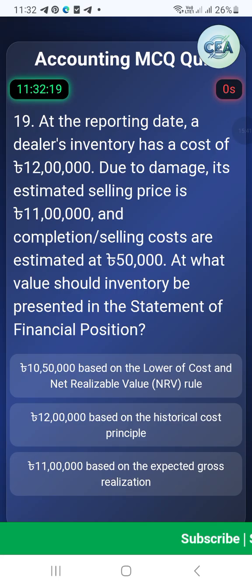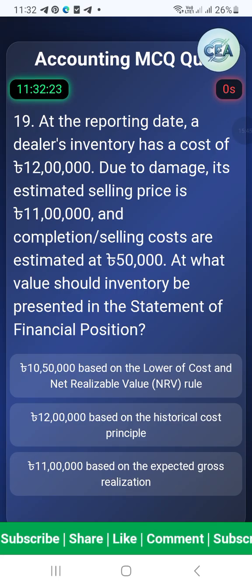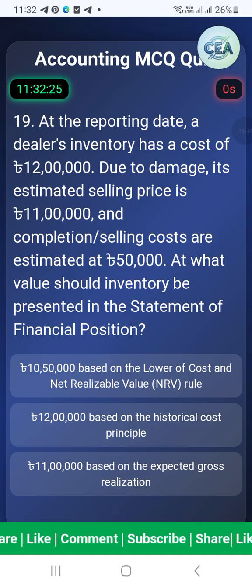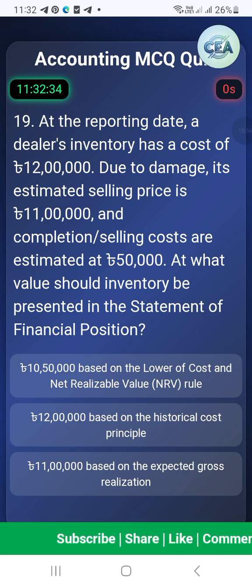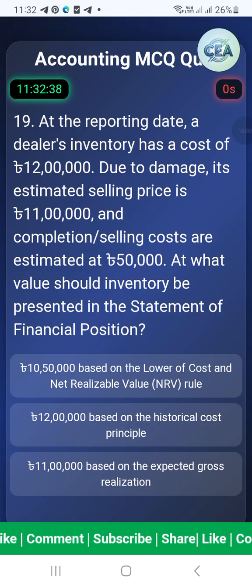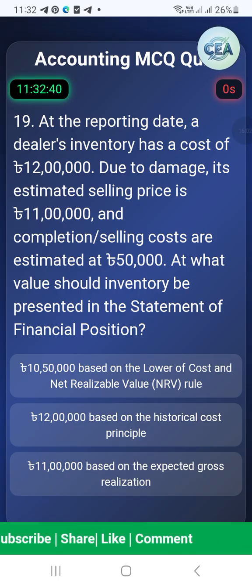Option 1. 1,050,000 takas based on the lower of cost and net realizable value (NRV) rule. Option 2. 1,200,000 takas based on the historical cost principle. Option 3. 1,100,000 takas based on the expected gross realization.